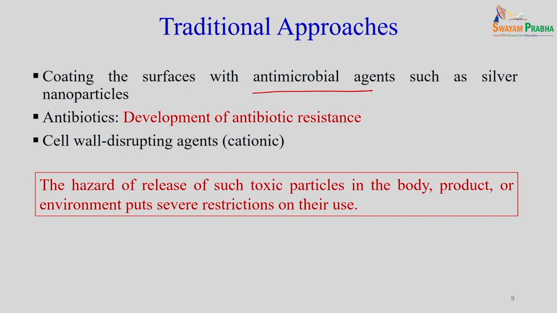If you coat them on the surface, it is expected they will kill the bacterial pathogens. Another example is to apply antibiotics, and a third example is to apply cell wall disrupting agents, which are particularly cationic in nature.